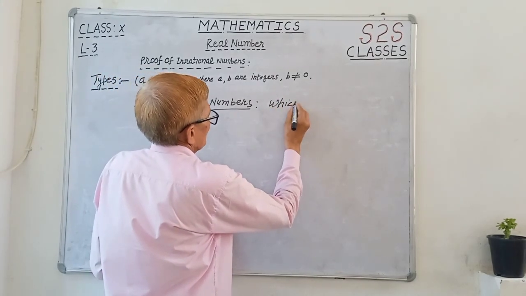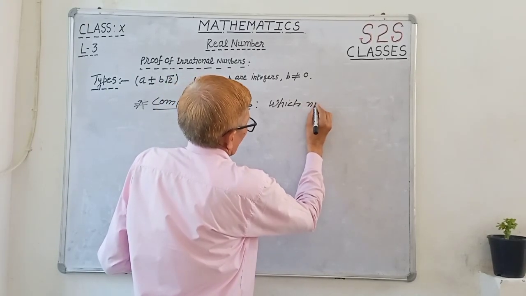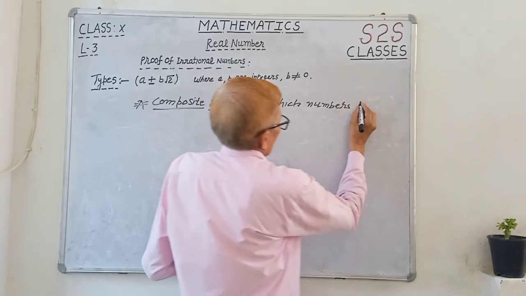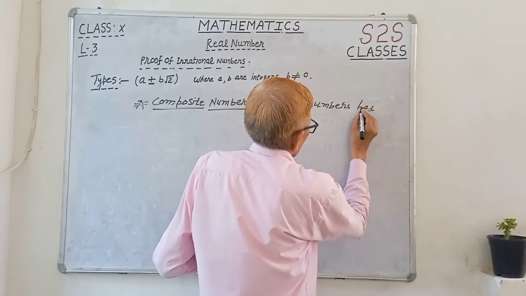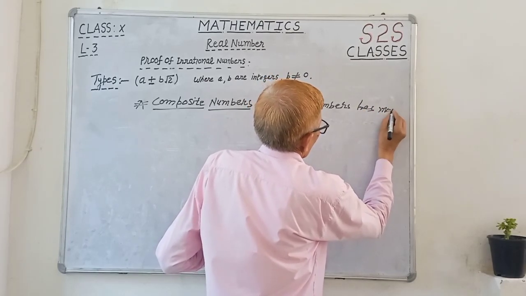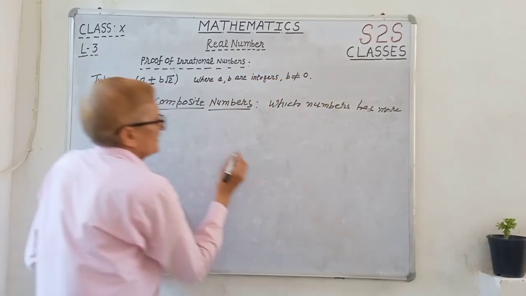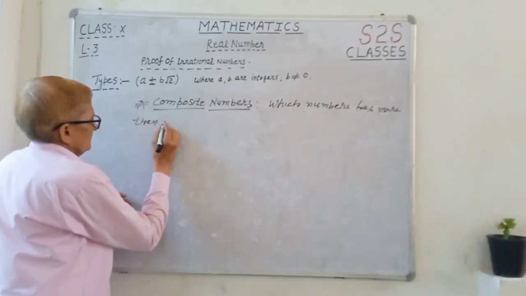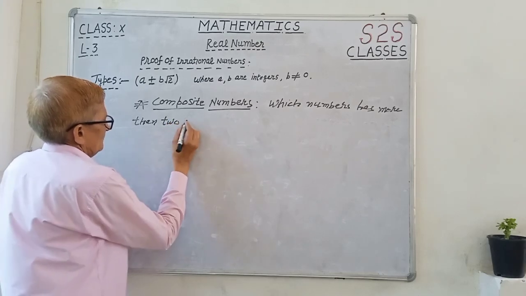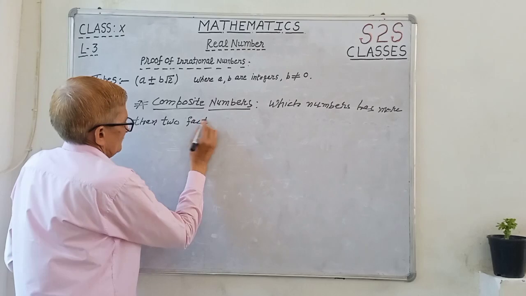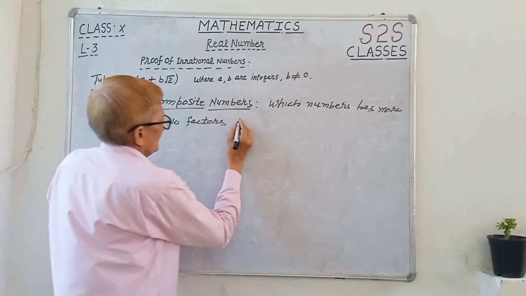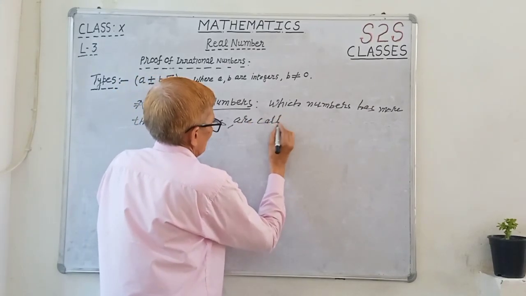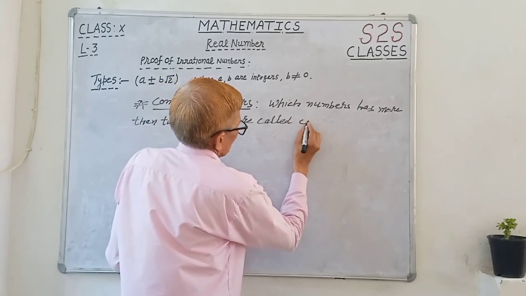Write down: numbers which have more than two factors are called composite numbers.